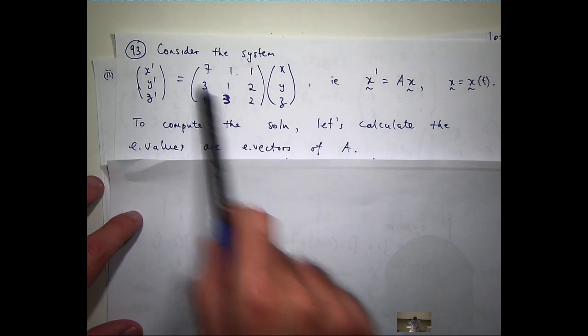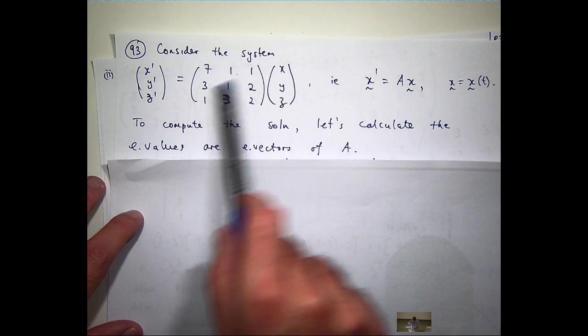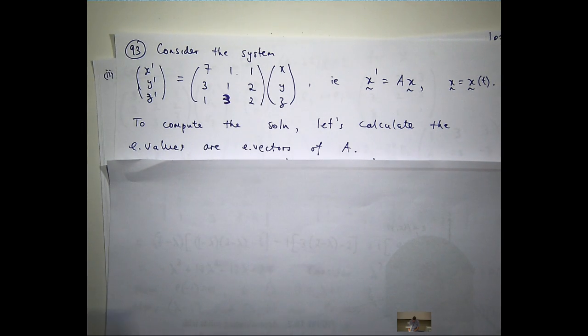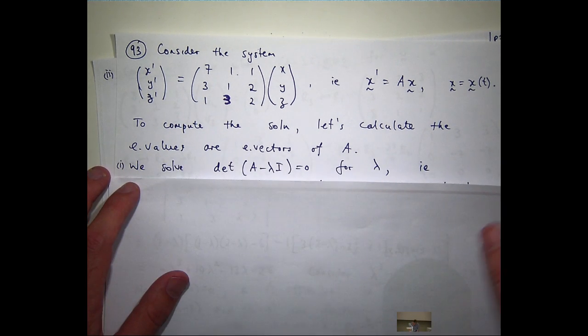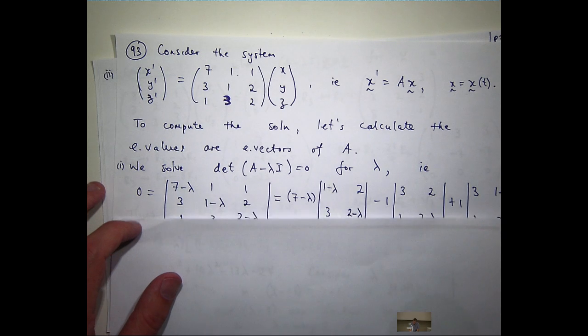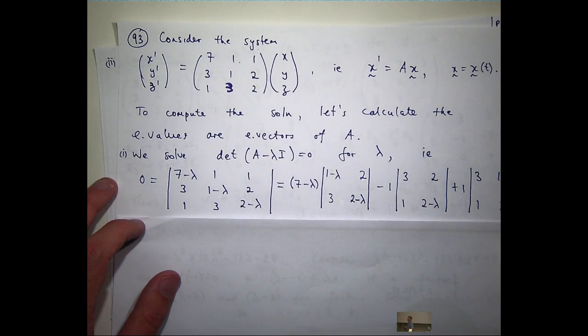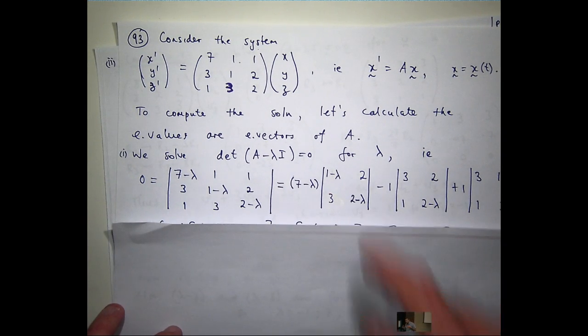Just think of this matrix as a constant matrix. It's just got numbers here, not functions. The solution is constructed from the eigenvalues and the eigenvectors of the matrix A. So let's go through and calculate them. Calculate the eigenvalues first. Okay, again, be careful.